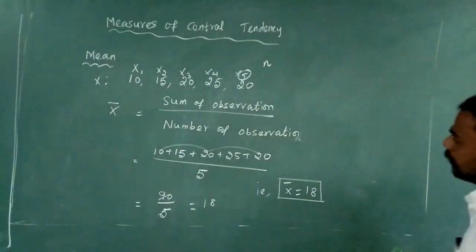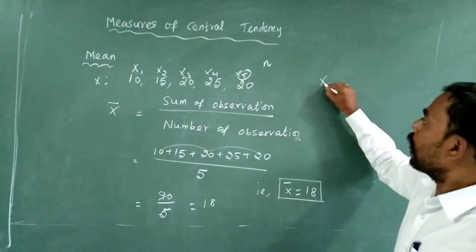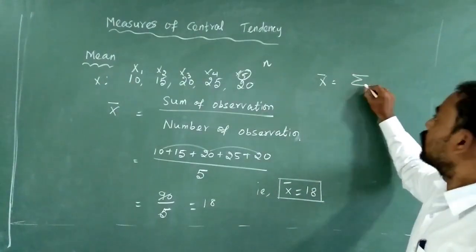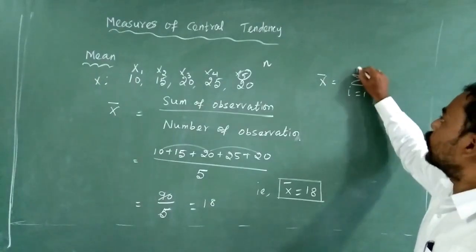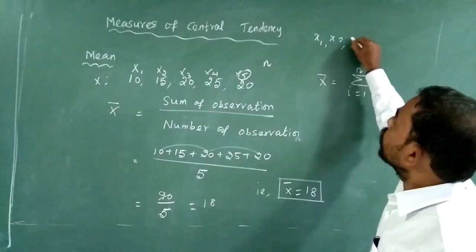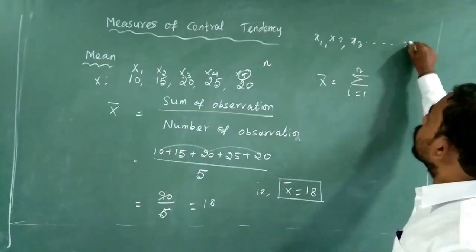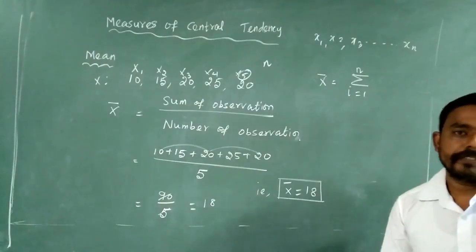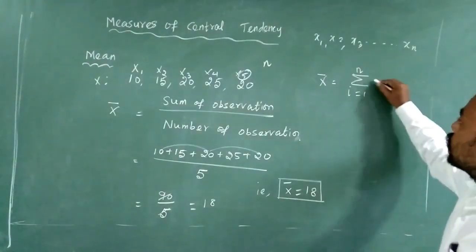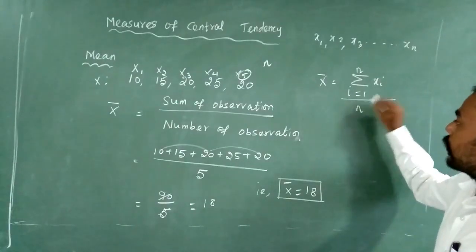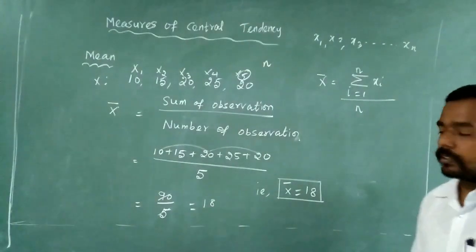Generally, the formula of mean is the summation from i equals 1 to n of xi, for the data x1, x2, x3 and so on up to xn, divided by small n. N may be 10, 20, 50, whatever. This n indicates the number of terms.